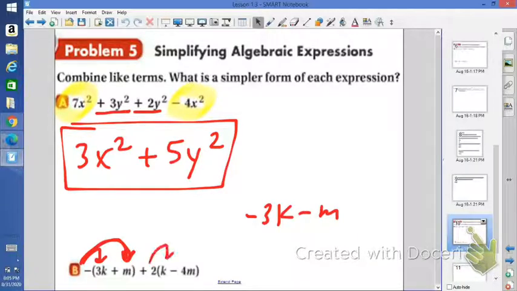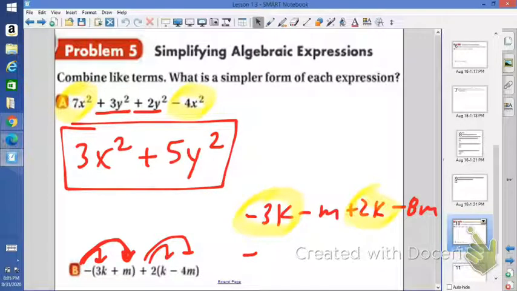Now let's distribute the 2 to both terms. So 2 times k is a positive 2k. 2 times negative 4m is a negative 8m. Alright, so let's combine like terms. Negative 3k and a positive 2k gives us a negative 1k.